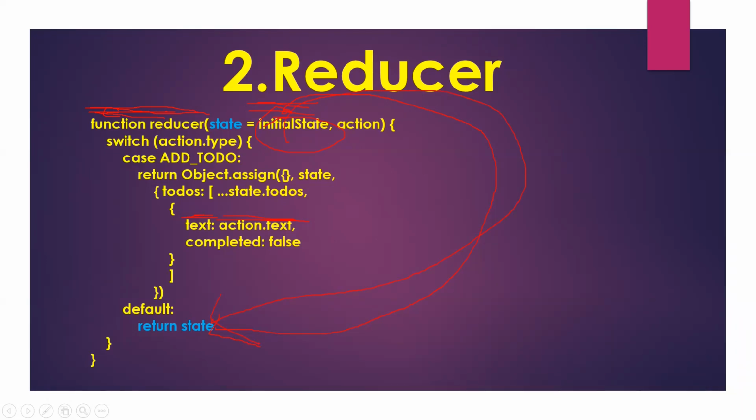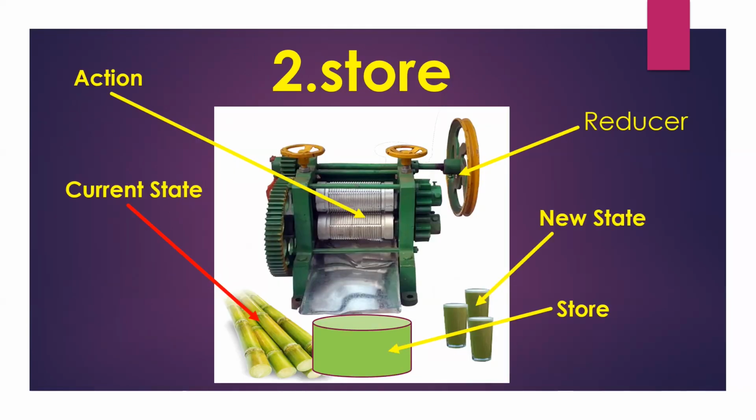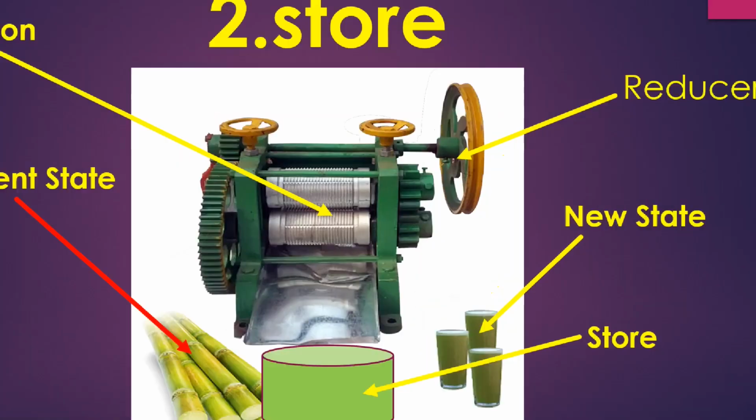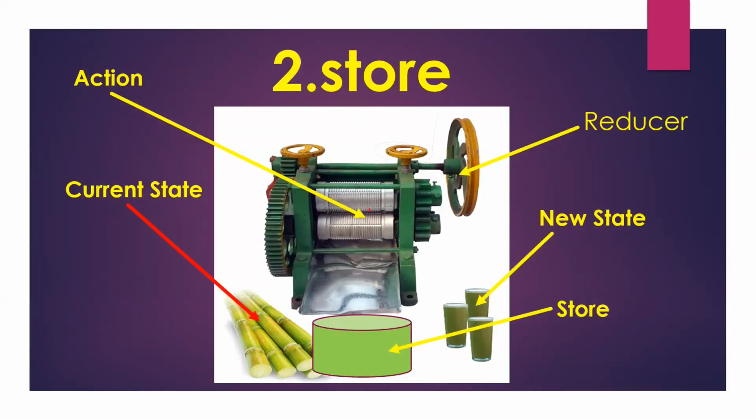Okay, so you understand what is action, what is dispatch and what is reducer. This dispatch comes between the action and reducer. Now once again check here. This is the action, meaning the actual action being performed.